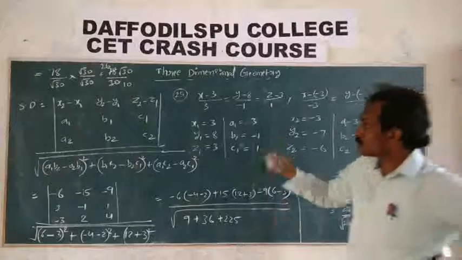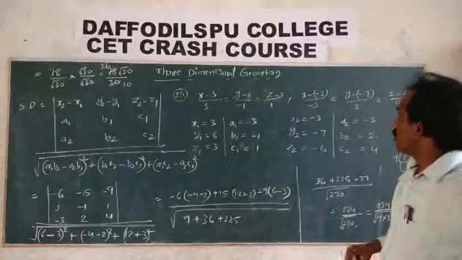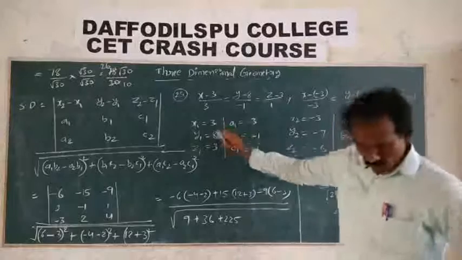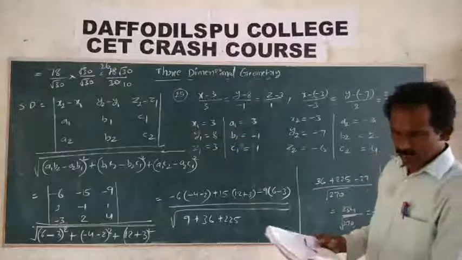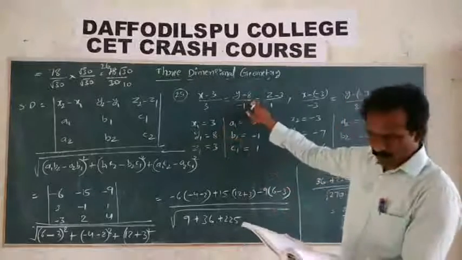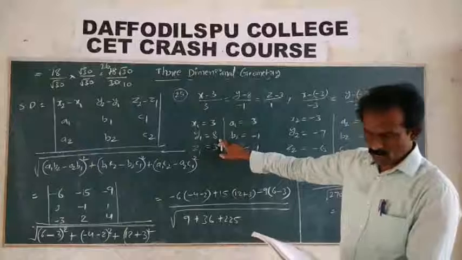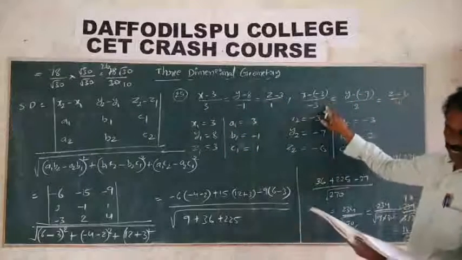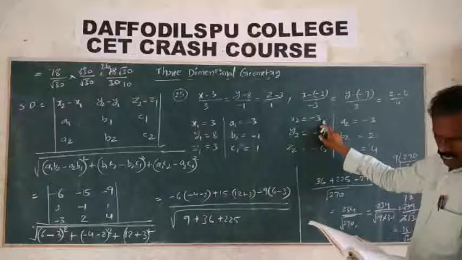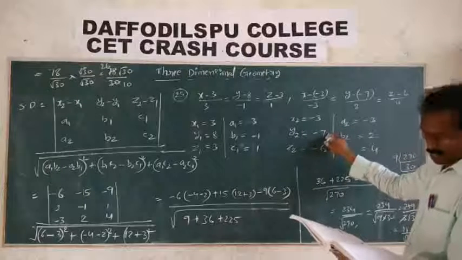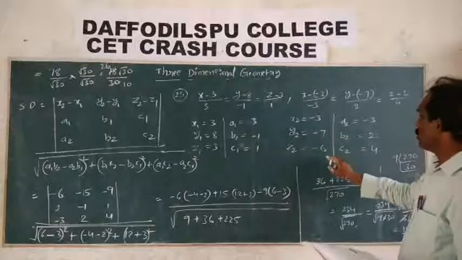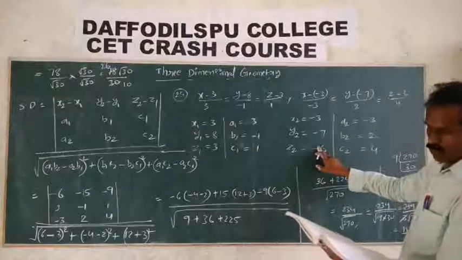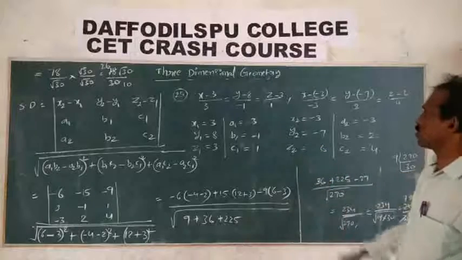Okay, let's check this also. X2 minus x1: x1 is 3, y1 is 8, z1 is 3. x2 is minus 3, y2 is minus 7, and here z2 is 6. Sorry, here is a mistake.